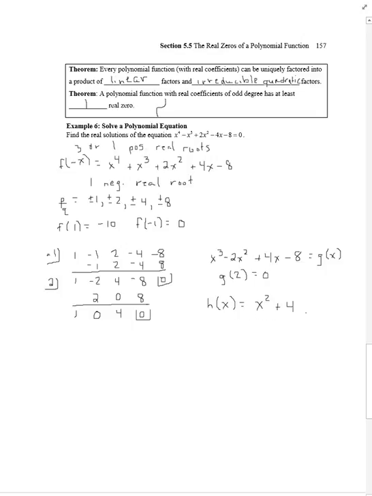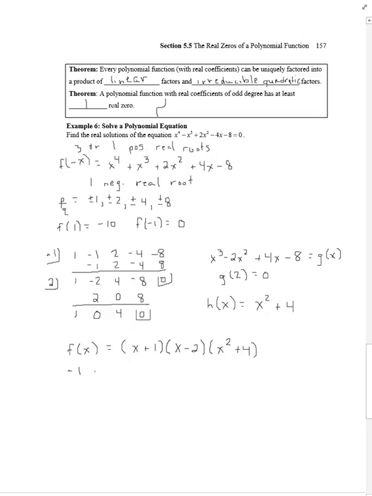So x squared plus 4 does not factor. So you can see if we were to write f of x as its factors, we would have x plus 1 from the negative 1, x minus 2 from the positive 2 root, and we're left with an irreducible quadratic that does not factor. So what we discovered is we have one negative root.